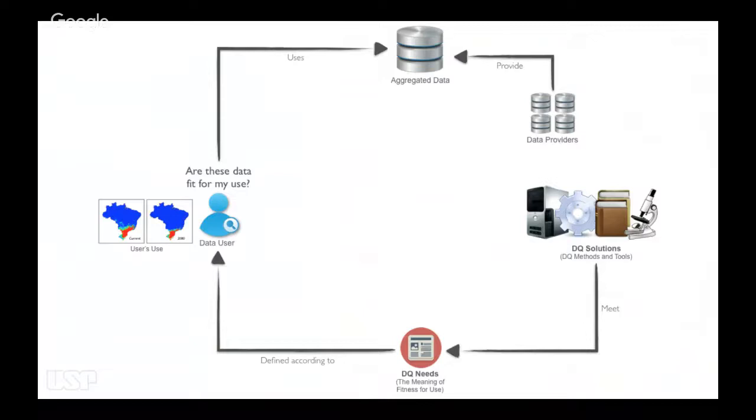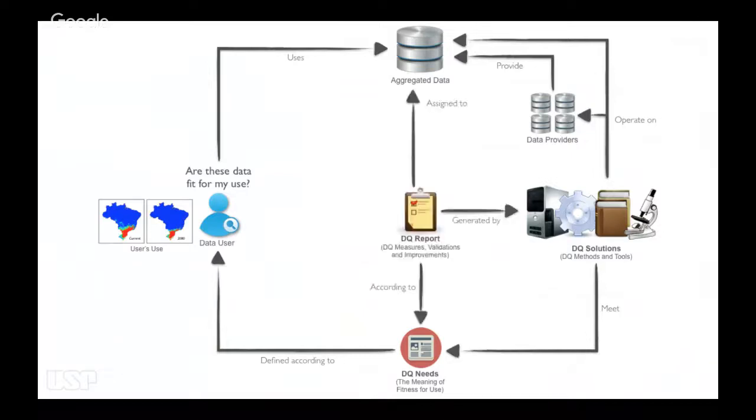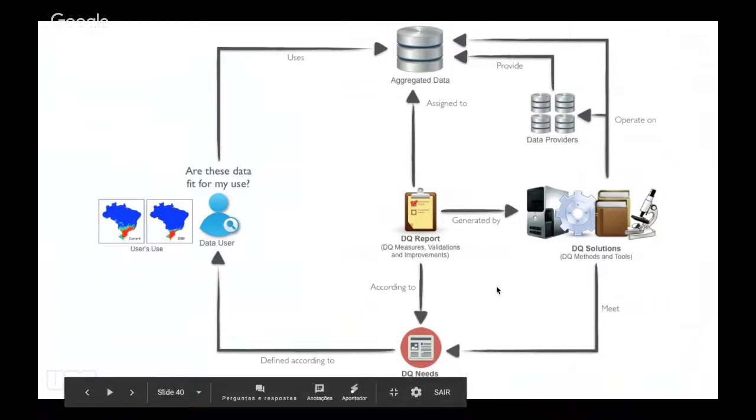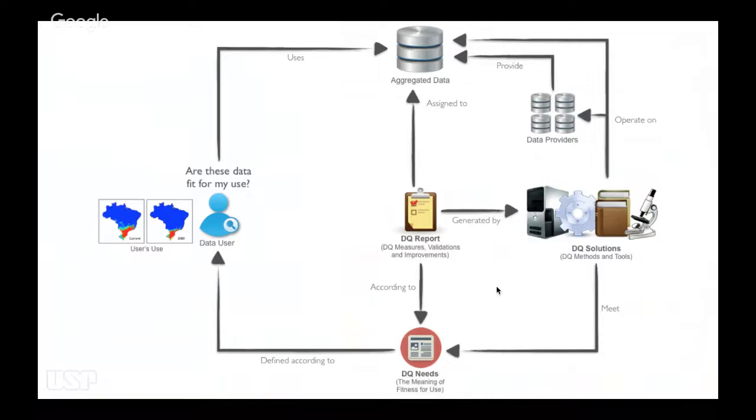So these solutions will operate on the data and generate a data quality report. This data quality report gives the status of quality of some data according to the data quality needs provided by the data user.